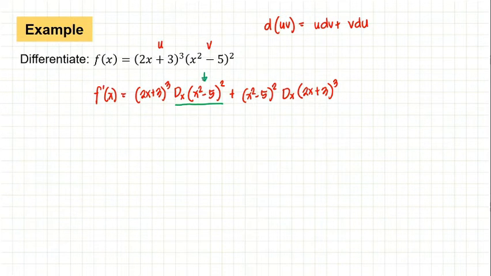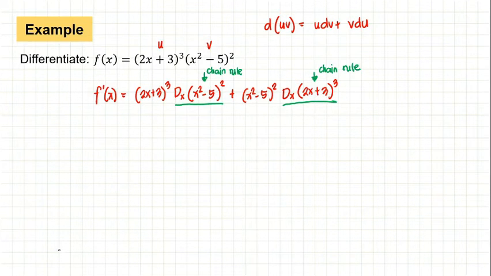And also to this one, because we have a function raised to the power of 3, we apply the chain rule too. Okay? So what is our inner function? The inner function is x squared minus 5 here. And here we have 2x plus 3.